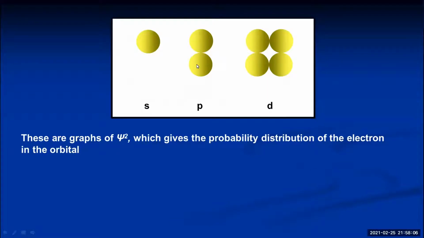It's always 2 lobes. If you graph the wave function squared for a d orbital, you always get 4 regions of high probability. 1 quadrant, 2 quadrants, 3 quadrants, 4 quadrants, okay? So these are graphs of the square of the wave function of each of these different types of orbitals that came from the Schrödinger equation.